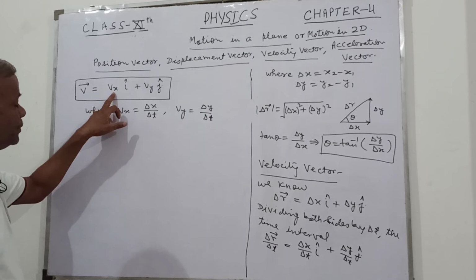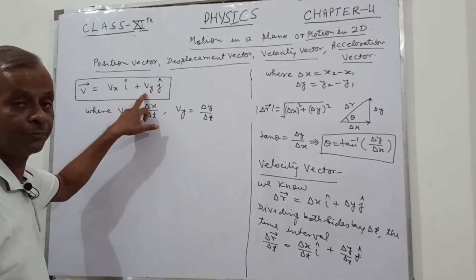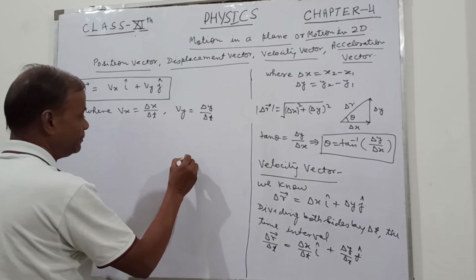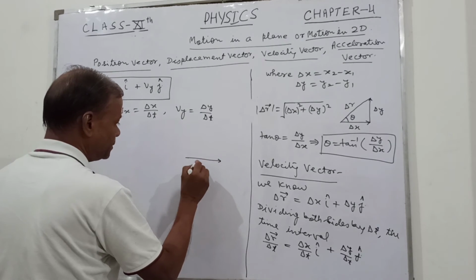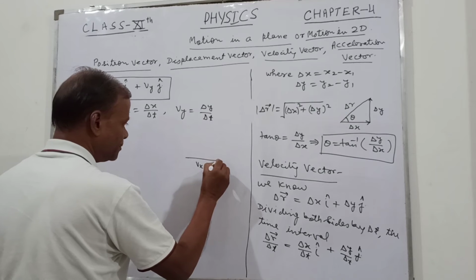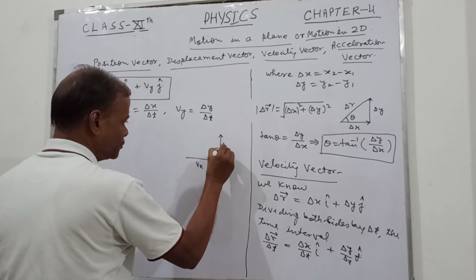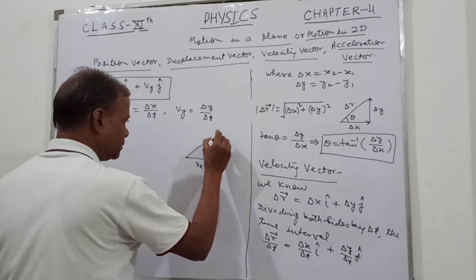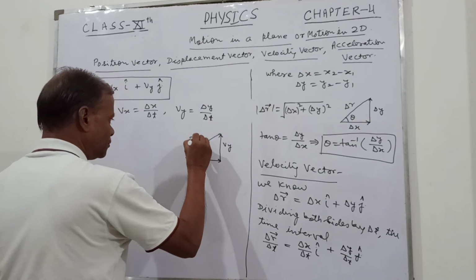This is the velocity component in the x direction, and this is the velocity component in the y direction. Suppose this is Vx and this is Vy, and you join them, that is equal to V.